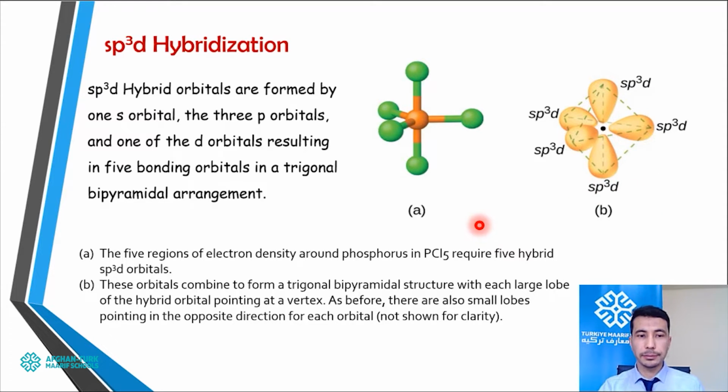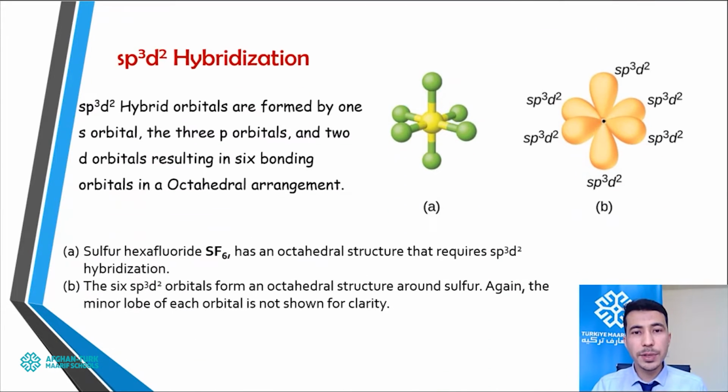Okay, the next one is sp3d2 hybrid orbitals. In sp3d2 hybrid orbitals, 1s, 3p and 2d orbitals combine with each other. They are 6 in number, which means that they will make 6 hybrid orbitals. So all of them will be known as sp3d2 hybrid orbitals. This is an example of sulfur hexafluoride.